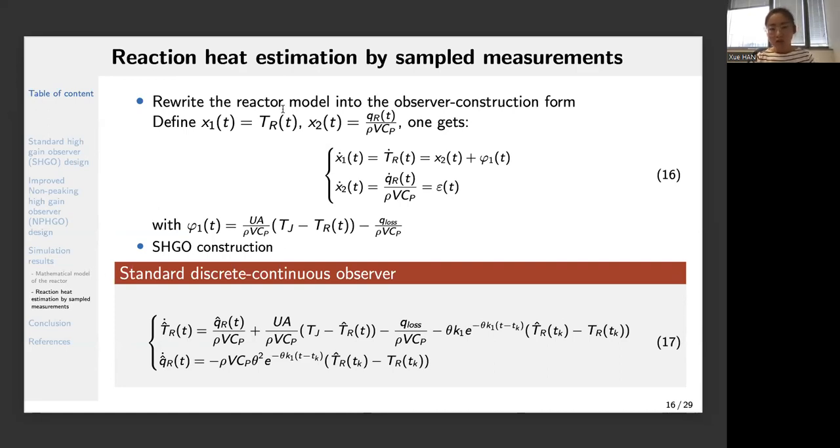So I think the temperature is the most important, and that's what we can get directly. That's why here we want to estimate the reaction heat by only using the temperature, because the reaction heat is difficult to estimate.